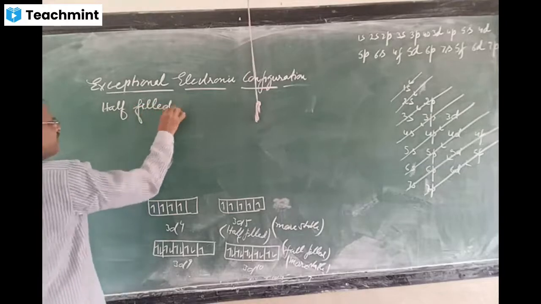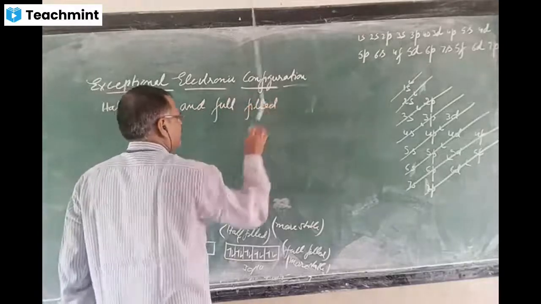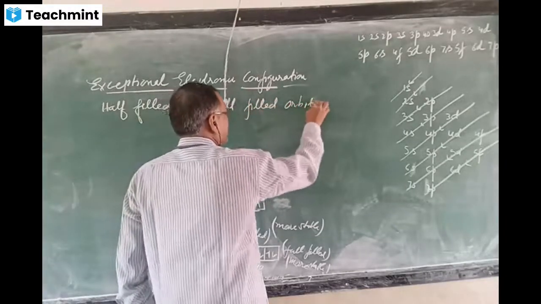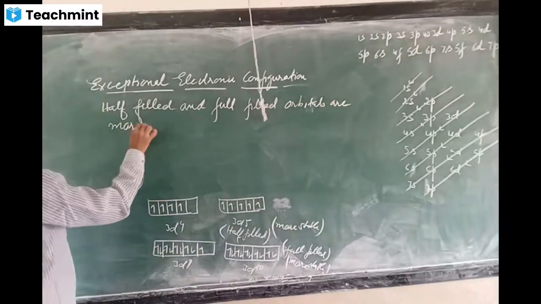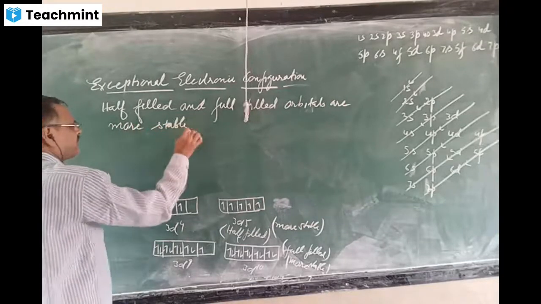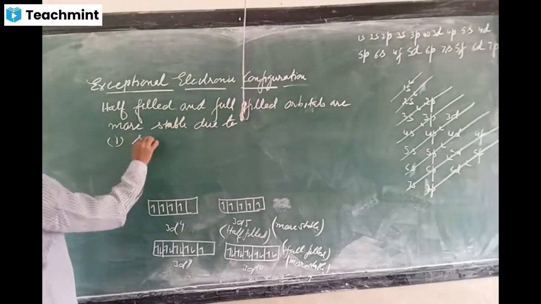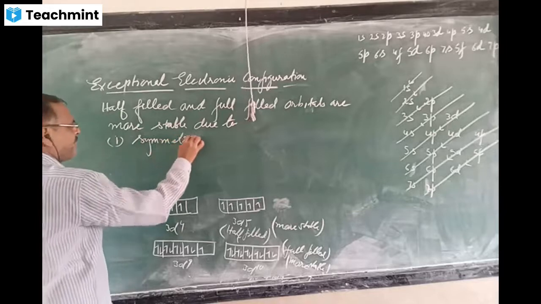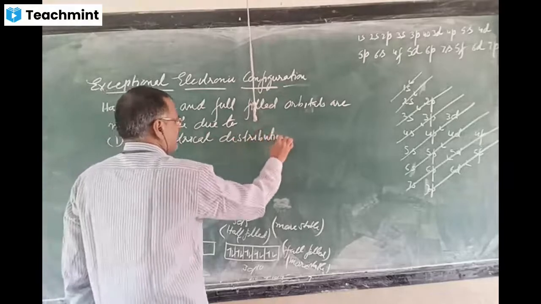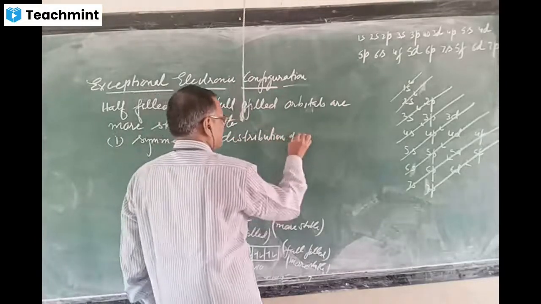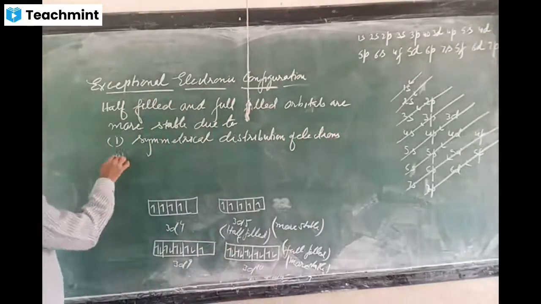Half-filled and fully filled orbitals are more stable due to two reasons: first, symmetrical distribution of electrons, and second, greater exchange energy.